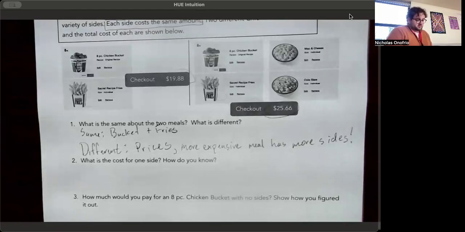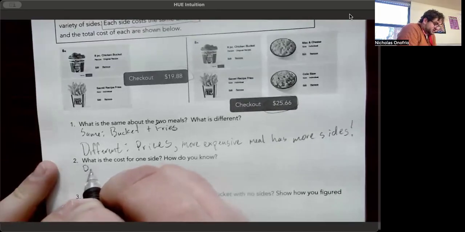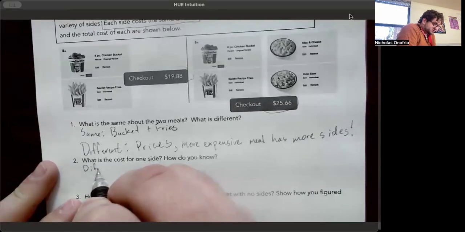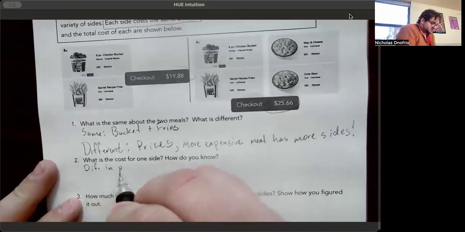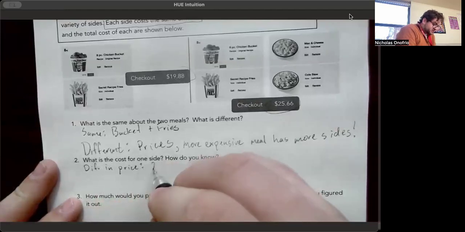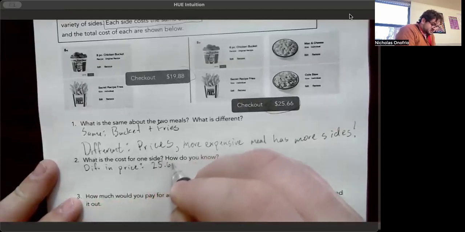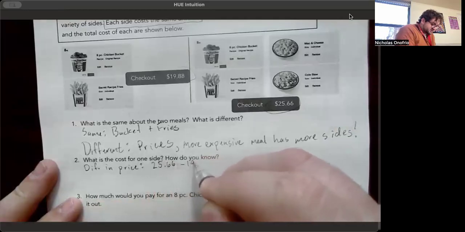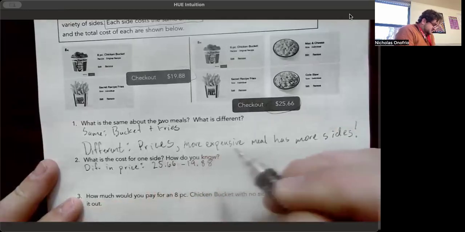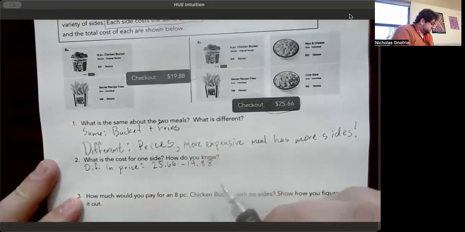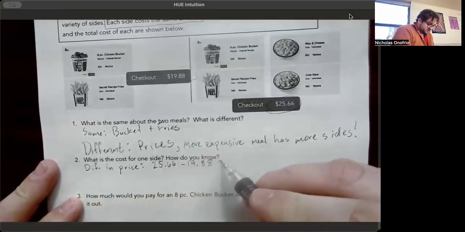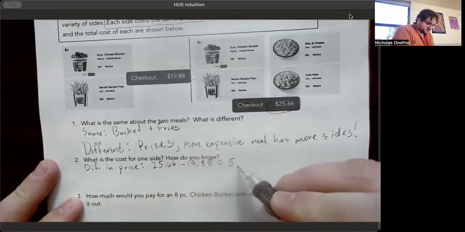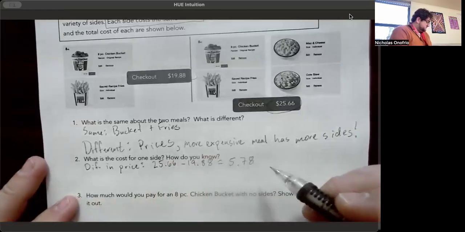Probably a couple different ways we could go about this, but the easiest way is to start by finding the difference in price. To find that difference, we're going to take 25.66 minus 19.88, and it'll leave us with a total of 5.78.